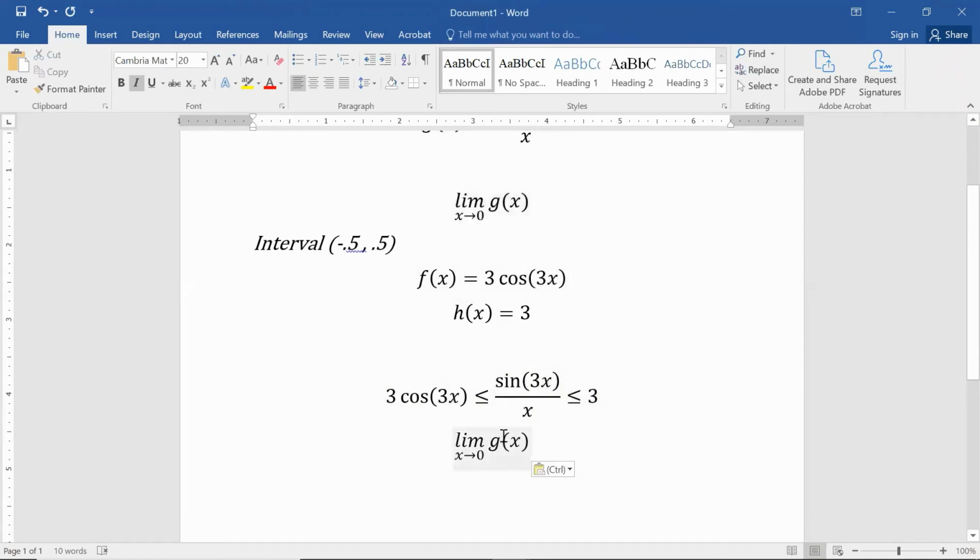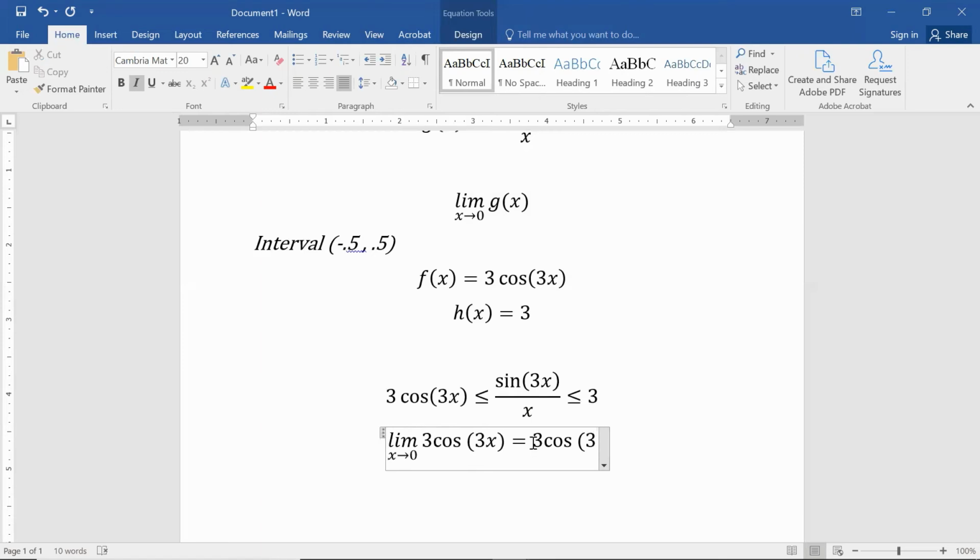So if I take the limit as x goes to 0 of 3 cosine 3x, well, based on what we learned earlier, I can just plug in 0 into my cosine function.